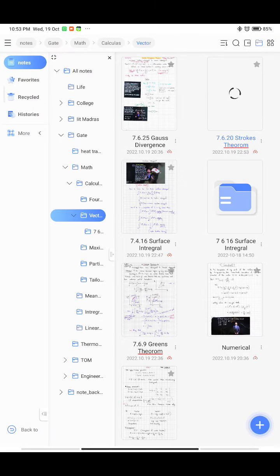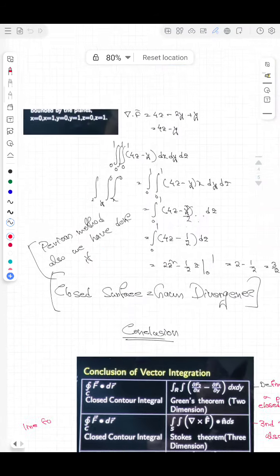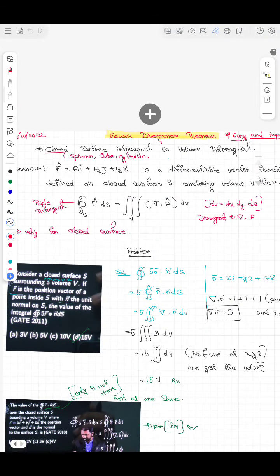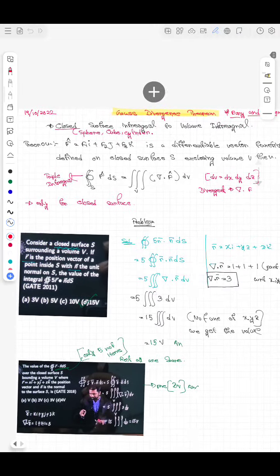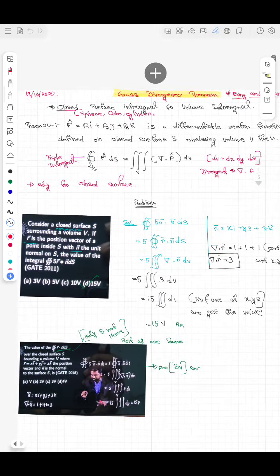And the last part is the Gauss divergence theorem. Now Gauss, it is a closed surface integral converted to a volume integral. So what is Gauss? That is the volume integral we have been seeing. If F is a differentiable vector defined on the closed surface enclosing the volume, so here the volume is enclosed.